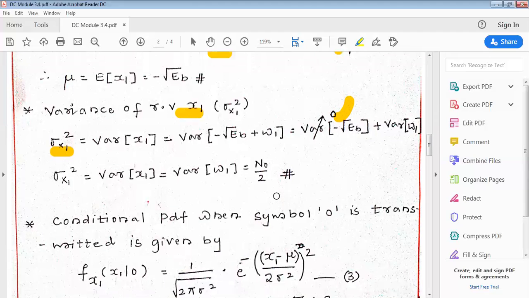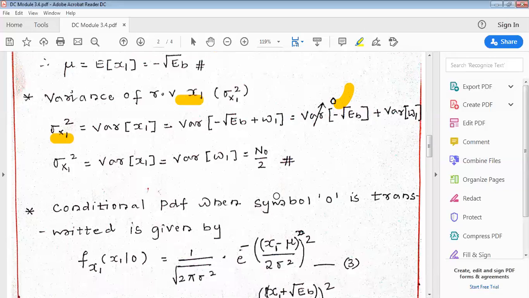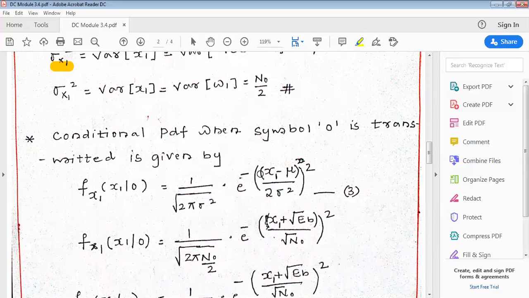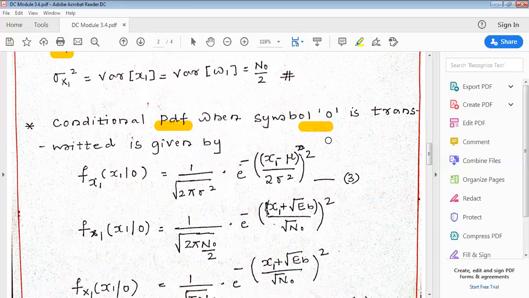Once you calculate the mean and variance of the random variable x1, let us calculate the conditional probability density function. This PDF is the conditional probability density function when symbol 0 is transmitted, right? If we are transmitting symbol 0 but the receiver makes a decision in favor of 1, what is the probability of error?